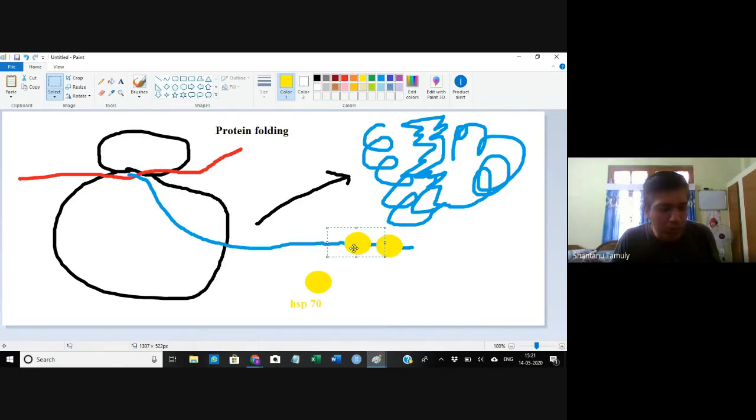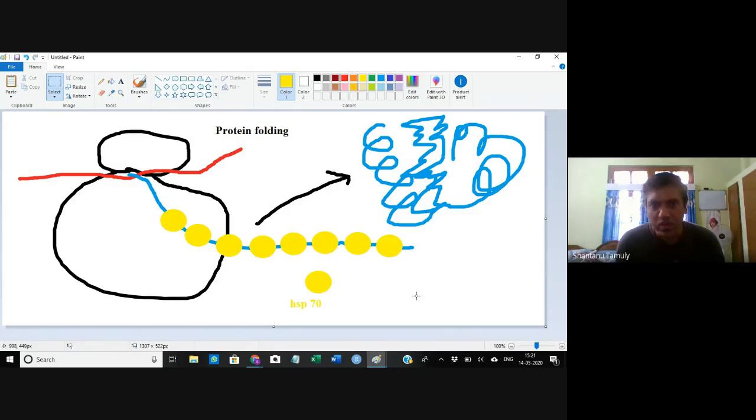It will coat the protein in this manner. So this is how these chaperones, HSP 70 proteins specifically, will prevent the aggregation. That is the reason why the proteins that are still in synthesis in the ribosome do not aggregate.